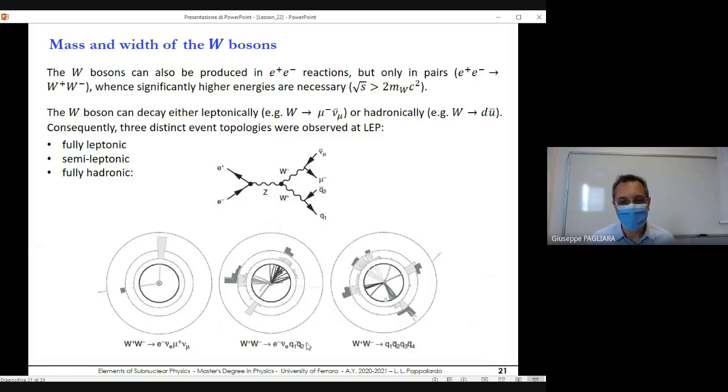Now, the second example is a semi-leptonic decay. So one W goes into a lepton and neutrino and the other into quarks. So you observe still your electron here, a missing neutrino somewhere, and then two jets of hadrons, because the quark and antiquark hadronize into jets, as we know. And then the last category is when both Ws decay into quarks, and so we observe four hadron jets.